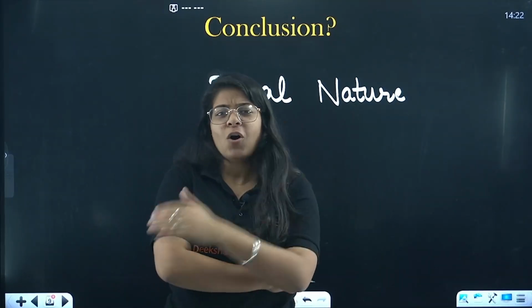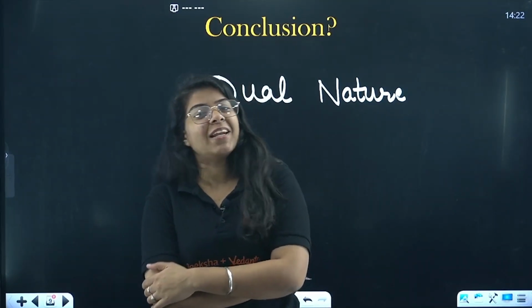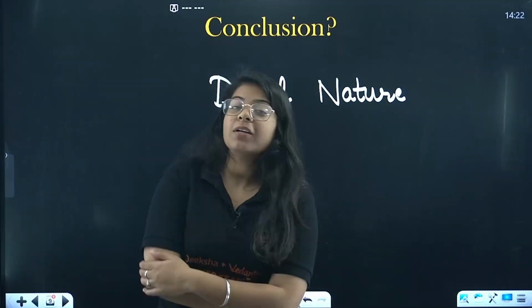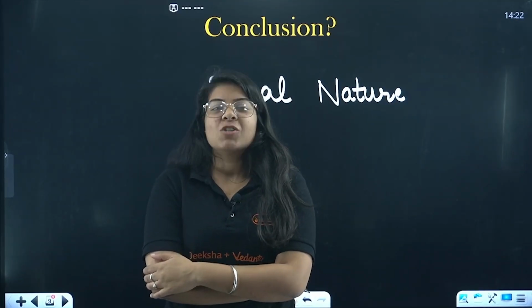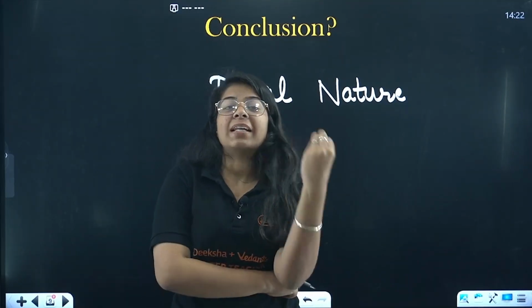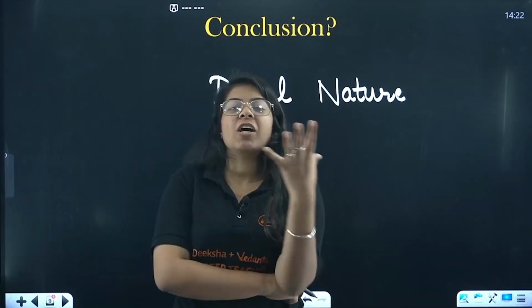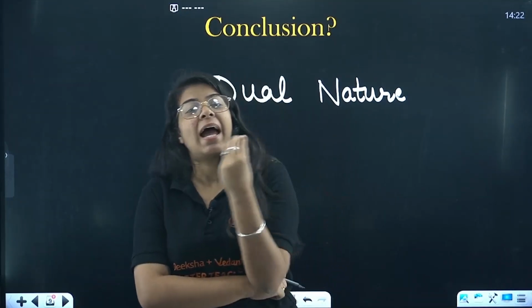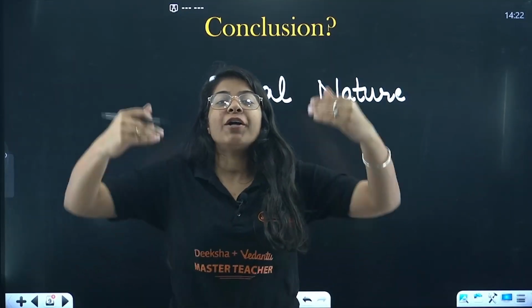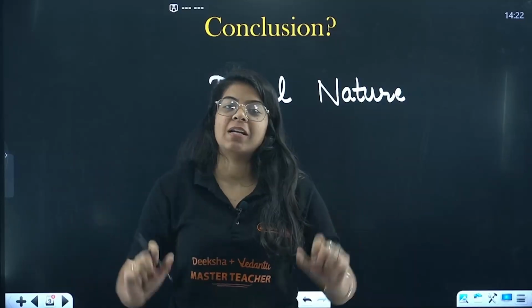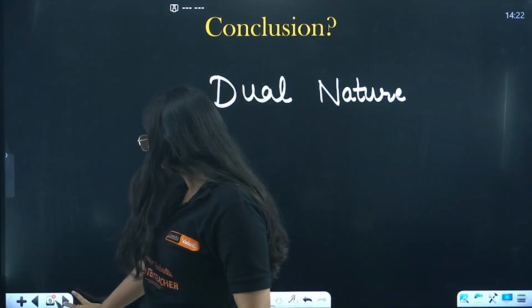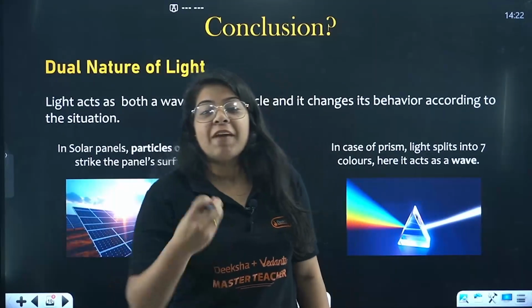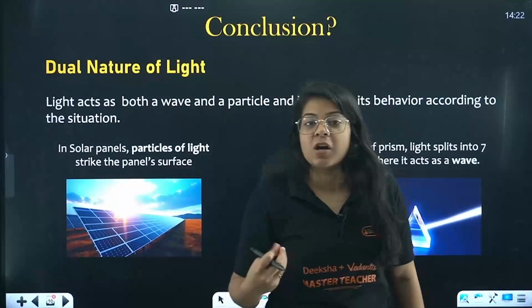Now we know when it acts like a particle and when like a wave, but at that time so many experiments were happening. So we simply concluded that light has dual nature. It acts as a particle and as a wave according to the situation it is presented in. So basically, when you see solar panels, we are doing what?